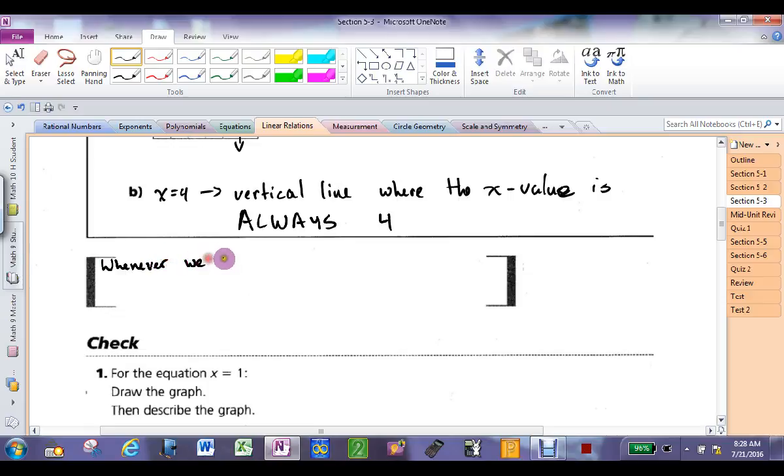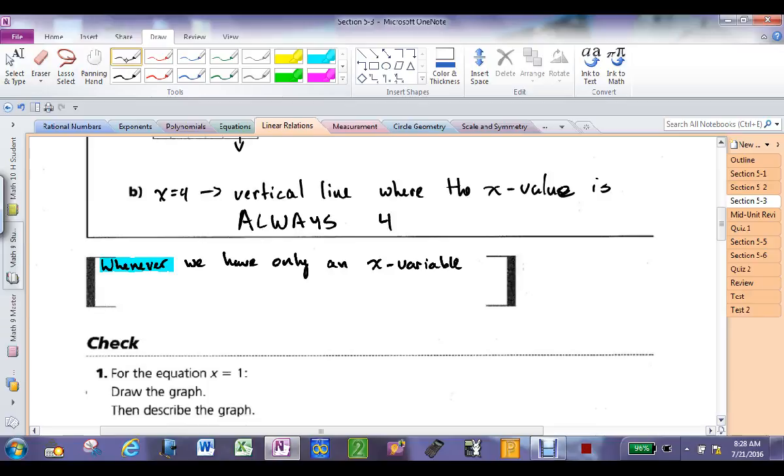Whenever we have only an x variable, and this is key, whenever, and I'm going to talk to you about what I mean in a second.